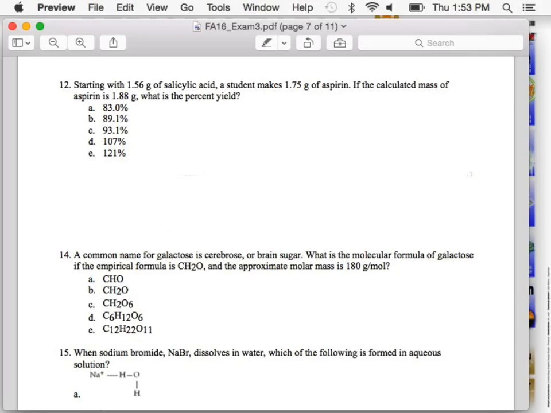Starting with number, student makes number, calculated mass is number, what is the percent yield? How do we calculate percent yield? It's our actual over our theoretical times 100, which I'm going to ignore for the moment, which is the same thing as our experimental over calculated.